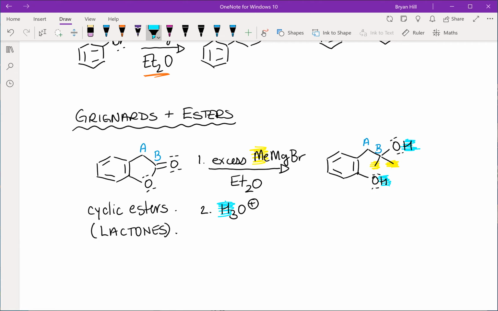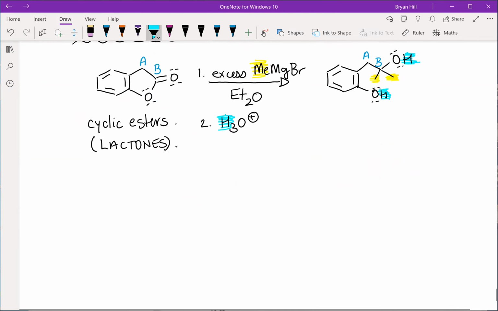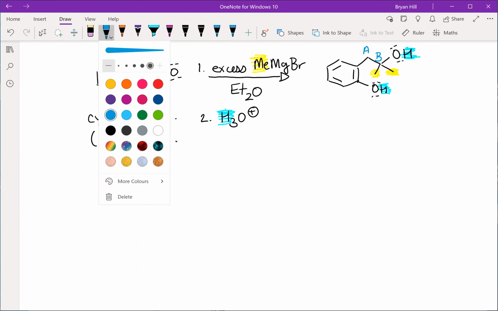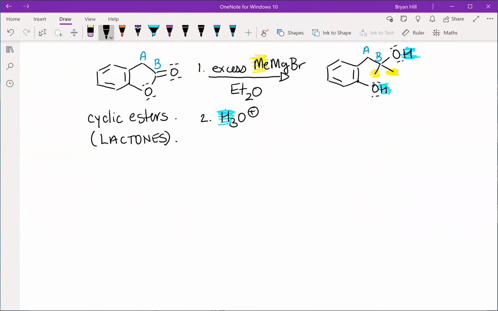The reason why cyclic esters, or lactones, are so common is because the two halves of it are connected to itself. So you're not losing part of your product. So let's do the mechanism.